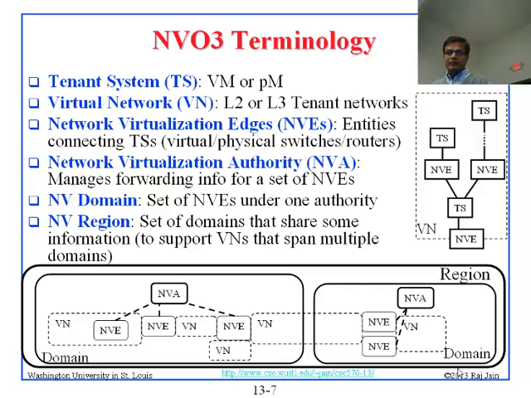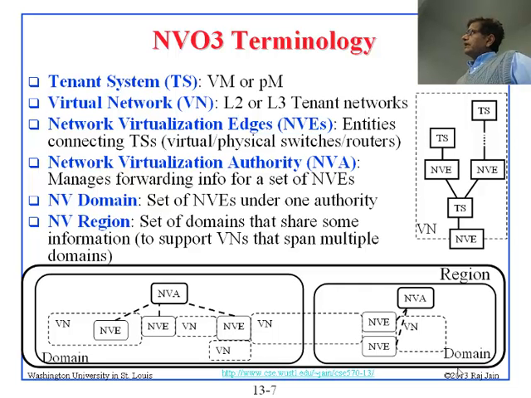Alright, so they have developed a terminology. Tenant system: whenever there is a tenant system, that is a VM or a PM. A virtual network is an L2 or L3 tenant network. NVE, network virtualization edge. Those are the entities that connect tenant systems. So for example, this is an NVE and this is a tenant system, this is a tenant system.